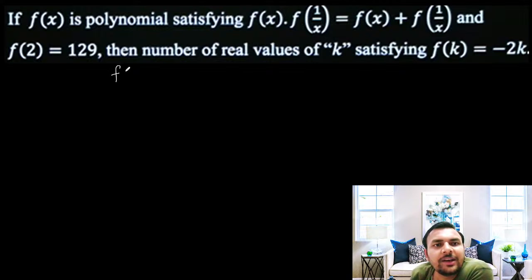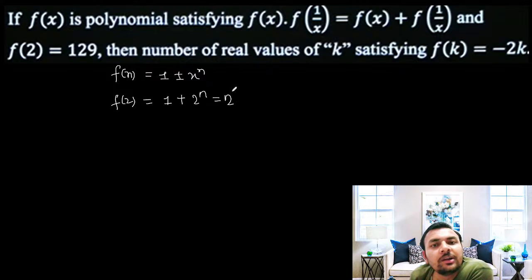So we know that when f(x) is such a thing, we have f(x) equal to 1 plus or minus x to the power n, and f(2) is given, so 1 plus minus cannot be 2 to the power n, which is 2 to the power 8. 2, 4, 8, 16, 32, 64, 128, 2 to the power 7 plus 1, so we can say n equal to 7. So we got f(x) equal to 1 plus x to the power 7.